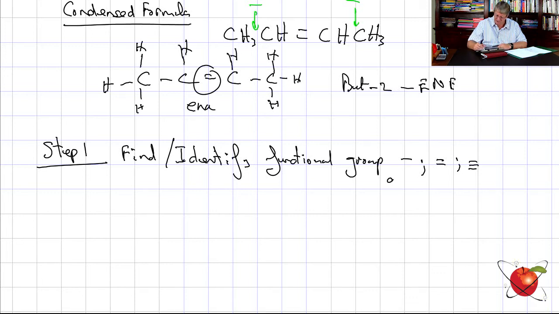That makes it an ane, an ene, or an ine. Don't worry, we're going to add other stuff on. We're going to add some chlorines, and oxygen on there. I don't think in our syllabus here we add nitrogens, but we're going to add oxygens. We're also going to add an OH on it to make an alcohol. So an ane, an ene, or an ine is what we're going to put in there. So step 1 is we identify that.